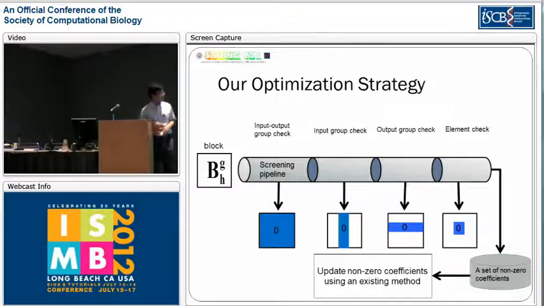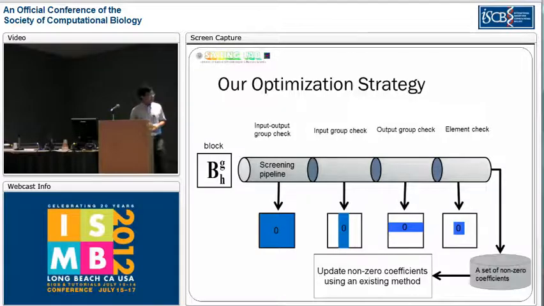But if it's not 0, we go to the second step, and we check whether each column of the block should be 0 together or not. And also we check each row, and also we check each element of the block to see if they should be 0 or not.